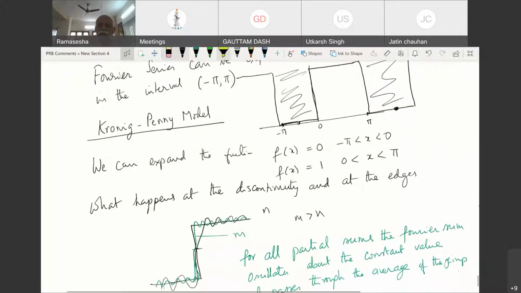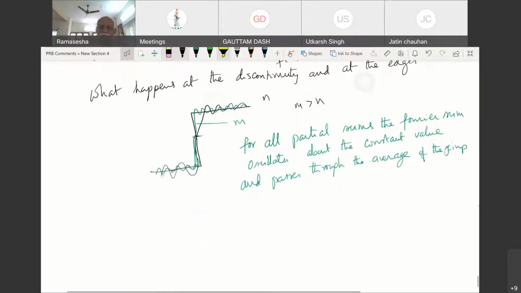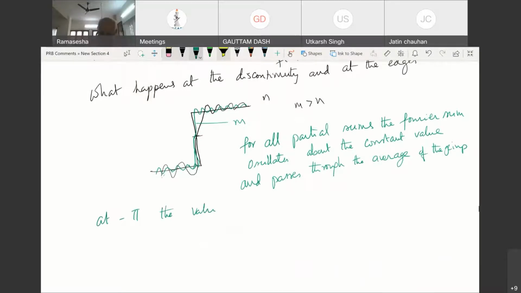See here, the jump is at minus pi, 0 and pi, right? So, for example, the jump at minus pi, the value of the summation will be one half of f of minus pi minus epsilon plus f of minus pi plus epsilon.